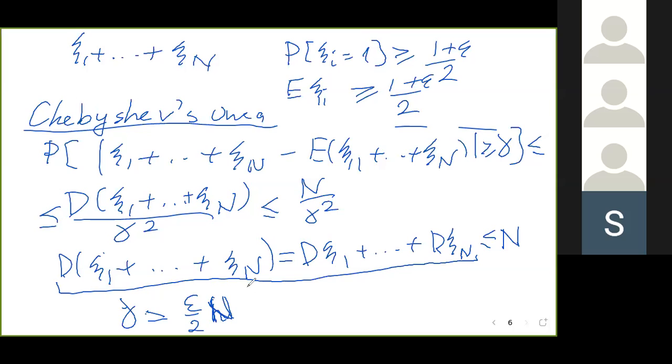In this case, this will be the expectation of the sum squared minus the sum of expectations of xi, squared.